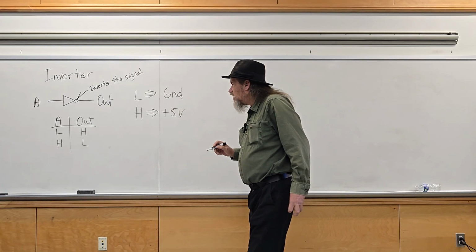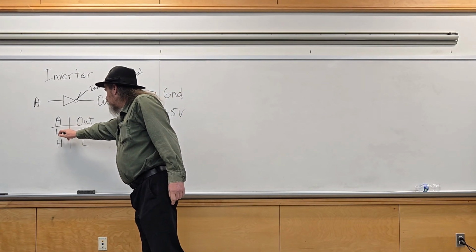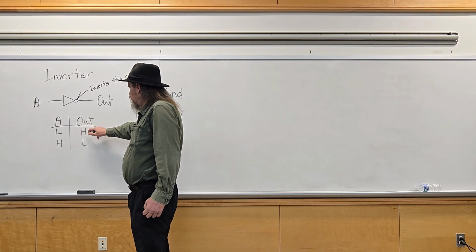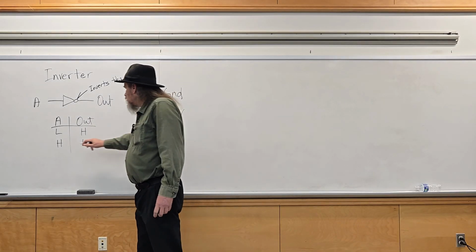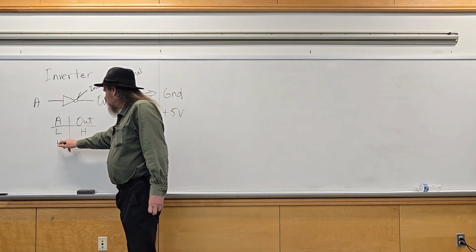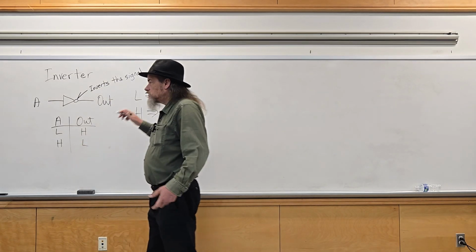So if the input is connected to ground, the output is 5 volts. If the input is connected to 5 volt positive, the output is ground.